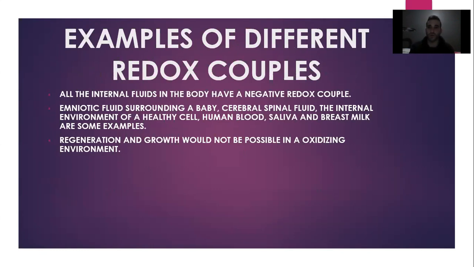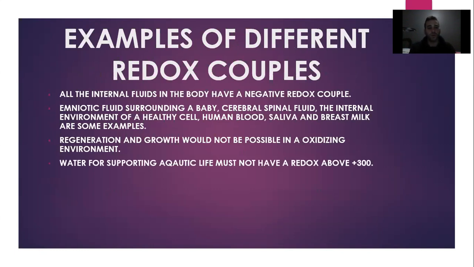So how could something grow in an environment where the electrons are being stripped from it? Water for supporting aquatic life must not have a redox above 300. Okay, so that's pretty interesting. So if you have a fish tank, for an example, if the water becomes above 300 millivolts, it'll be too oxidizing for the aquatic life.